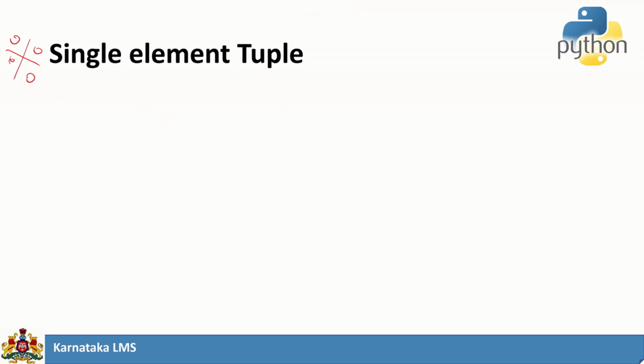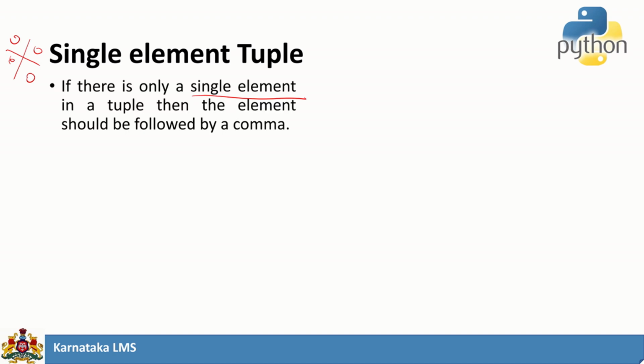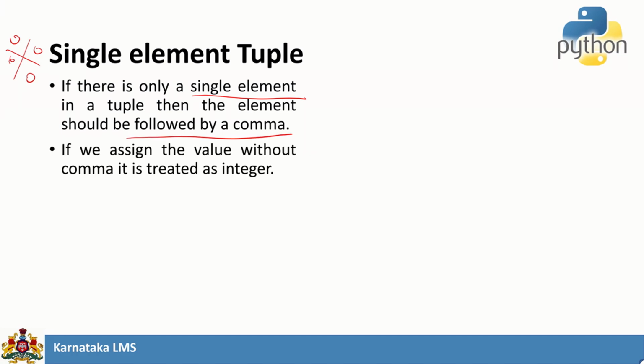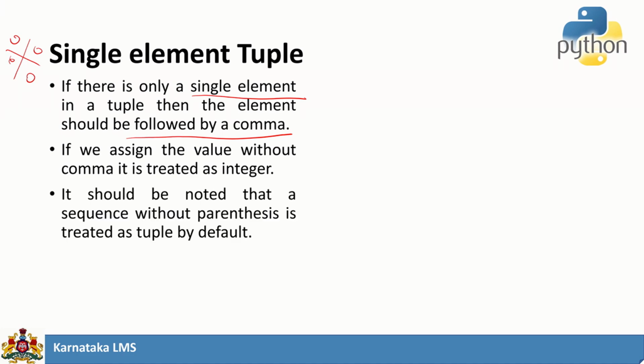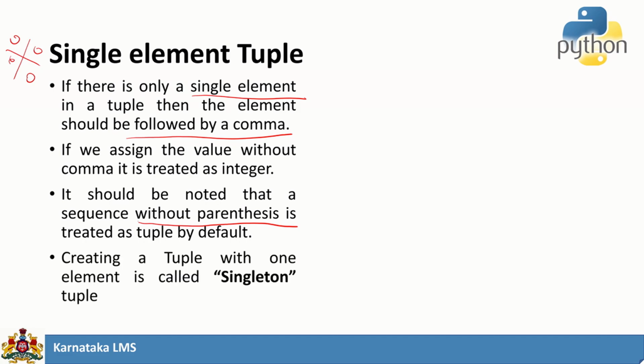Single element tuple. This is one of the interesting things in the creation of tuples. You can create the tuple by giving an element followed by a comma. If you assign the value without the comma, it will be treated as a normal integer. We should note that a sequence without parentheses is also a tuple. So we have to give an element followed by a comma.